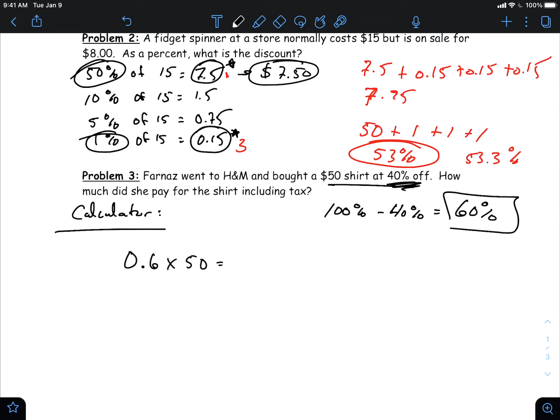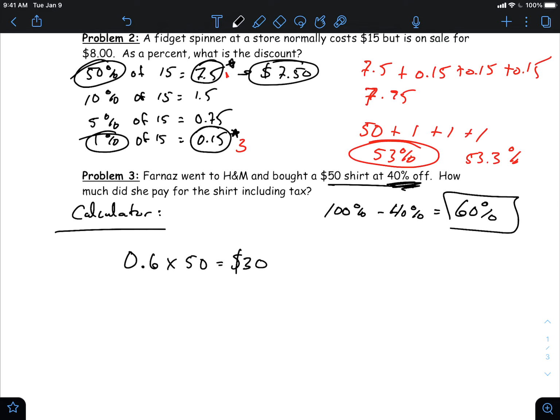What is 0.6 of 50? Yeah, 30. So 0.6 times 50 would be 30, which would be $30. That's what you're actually going to pay for the item when it's 40% off, okay?